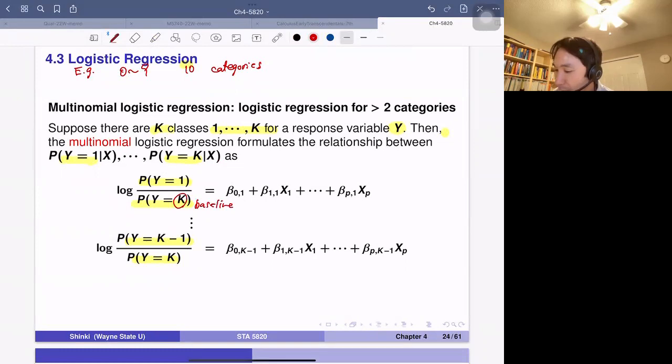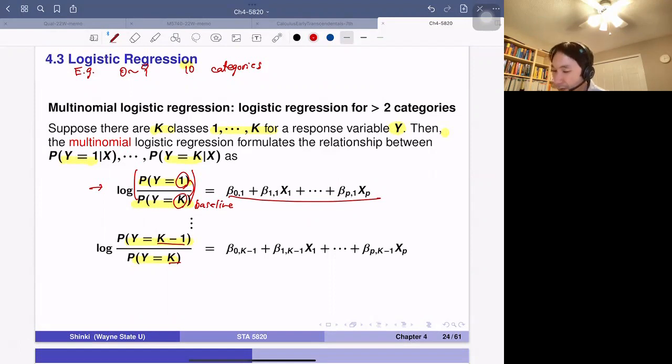We compare the probability of y equal to 1 with that of y equal to k, then 2 and k, 3 and k, up to k minus 1 and k, and for each of them we basically use logistic regression. This is the log odds ratio, which is equal to a linear function of x1 to xp. So this is multinomial logistic regression.